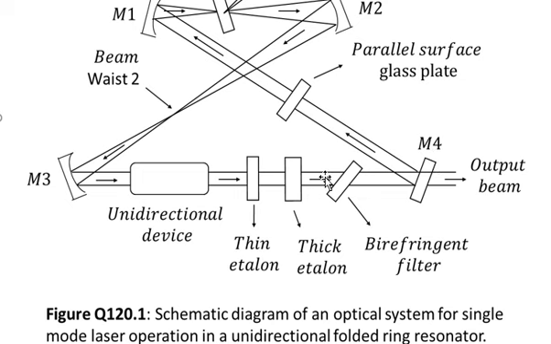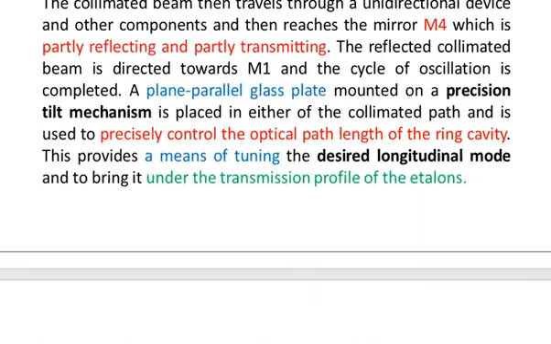So if you want to ensure the polarization state remains the same in this arm, that is the arm constructed by M3 and M4, the other components can be placed at the Brewster angles in order to maintain the state of polarization in this arm.